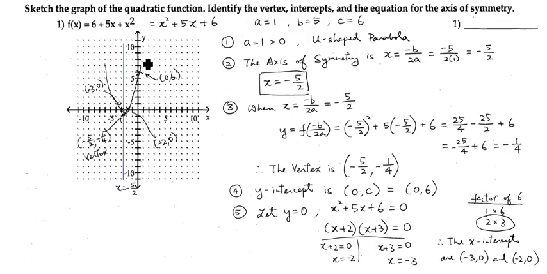So before you really sketch it out, you might want to use your pen to get ready, and then try it out a few times and make your hand feel comfortable, and then you sketch it out. One more thing at the end, don't forget to label this parabola. When you label them, use the original one, because that is the question asking you. F of x is equal to 6 plus 5x plus x squared. And that would be perfect.